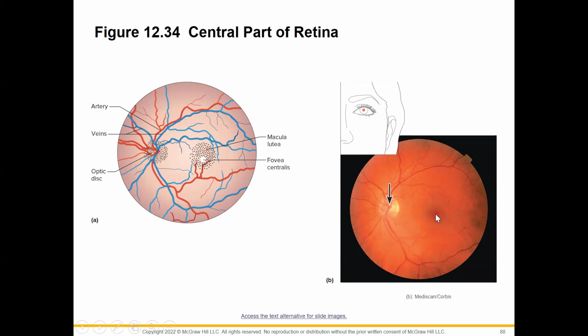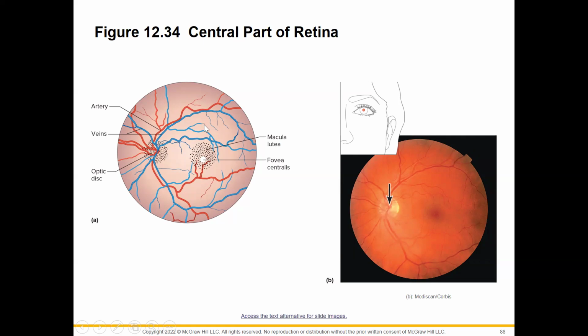In the center of that, that little dot is the fovea centralis, where you have the sharpest vision. And then here is the optic disc, where you have no photoreceptors. The reason is that this is a hole in the retina where your blood vessels and your optic nerve are coming into and leaving out of the eye.